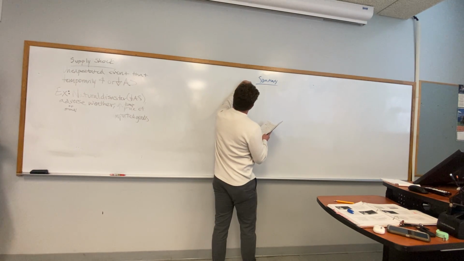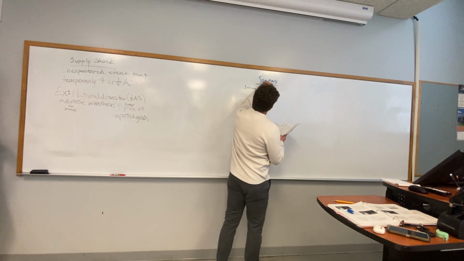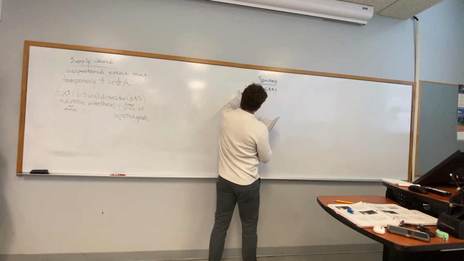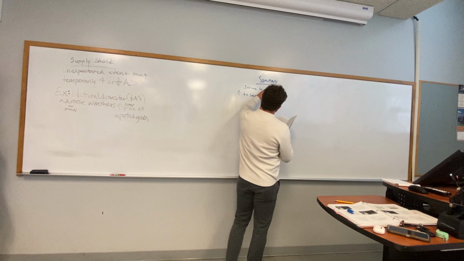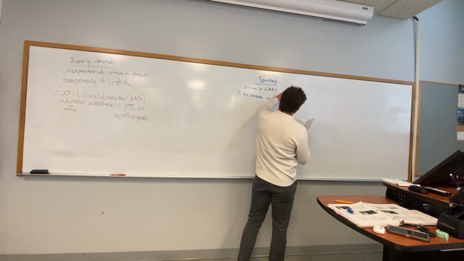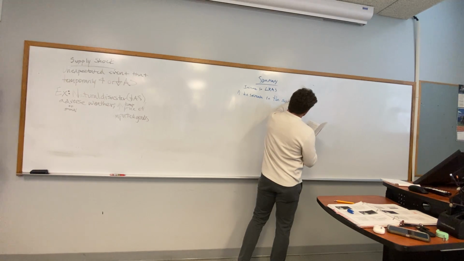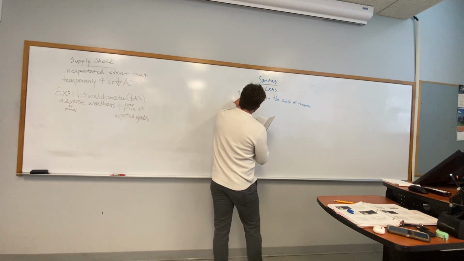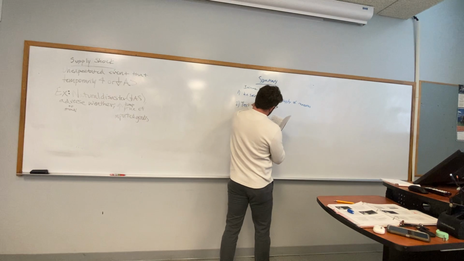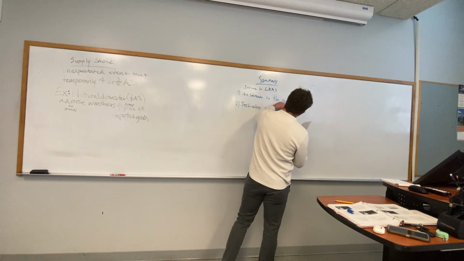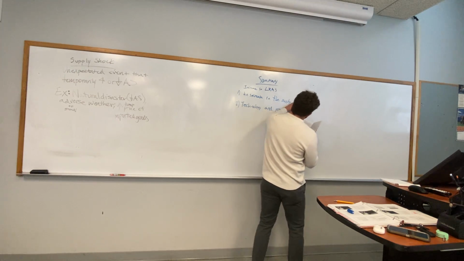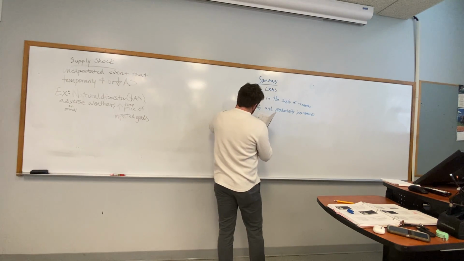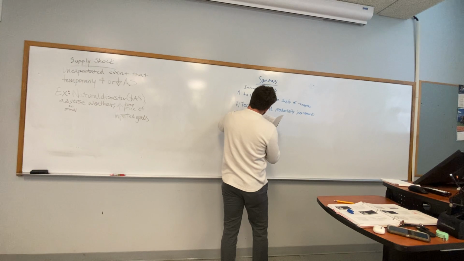So an increase in long run average supply would be an increase in the supply of resources. 2, technology and productivity improvements. Three, institutional changes.